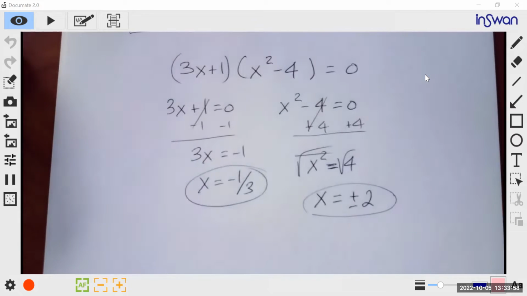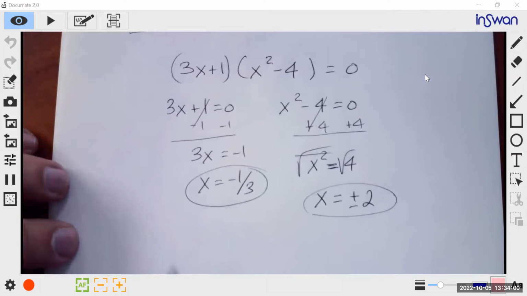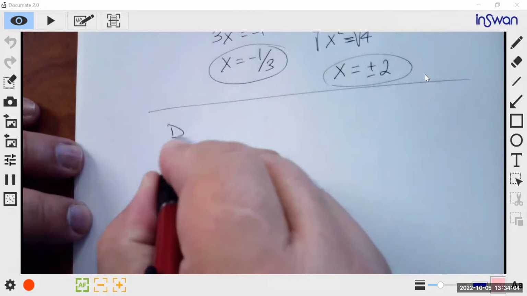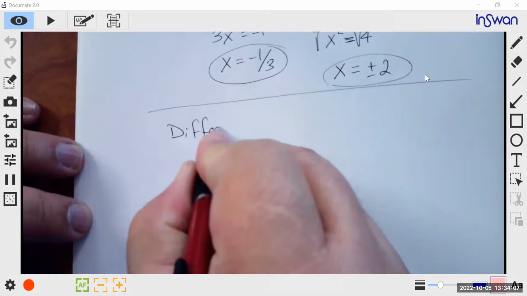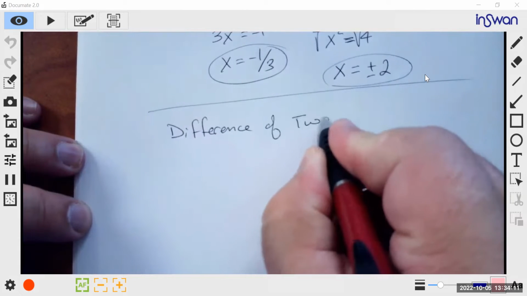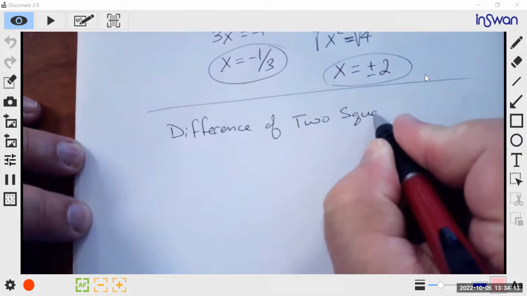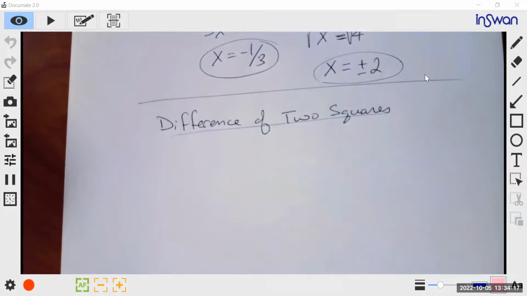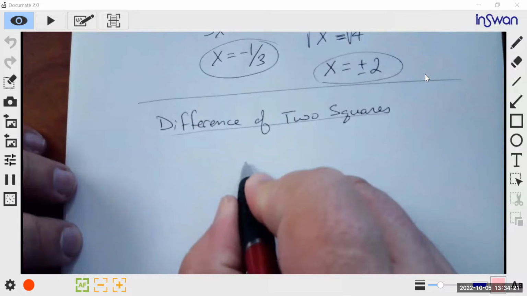Okay there, a little bit. The difference of two squares. This is a shortcut to factoring equations that look like this.